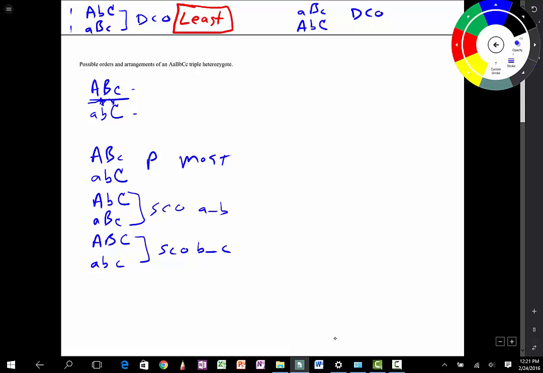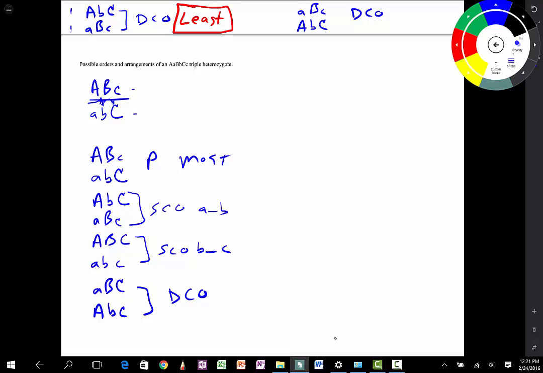So then, if big B goes down to the bottom, it'll be little a, big B now, big C. And on top, it'll be big A, the little b that just flipped up there, and the little c that was there. These are double crossovers, and these will be the least.